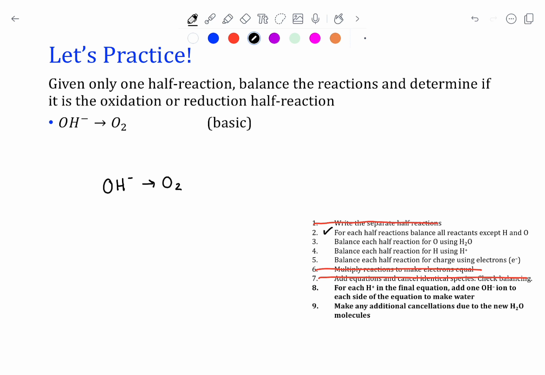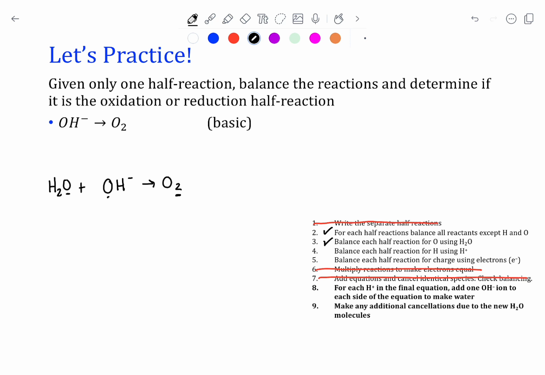Now we want to balance for oxygen using water. So on my reactant side, I have 1 oxygen. On my product side, I have 2. So I need to add 1 more water in there to balance out my oxygens. I now have 2 oxygens to balance out the 2 oxygens. Okay, so we've done step 3.